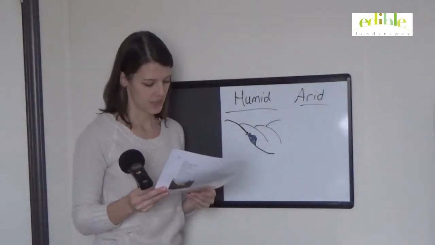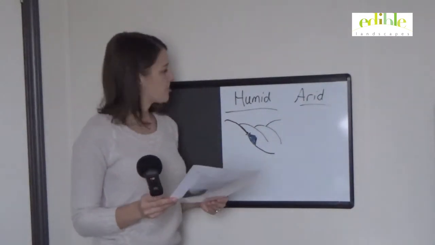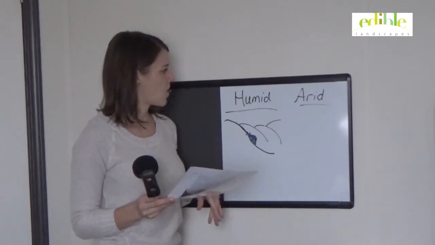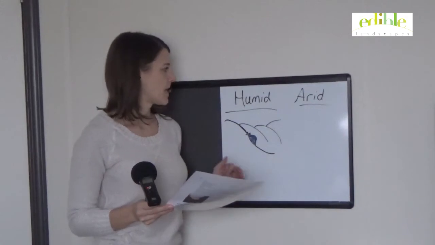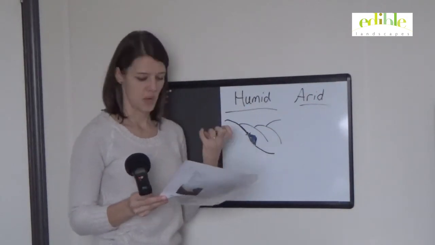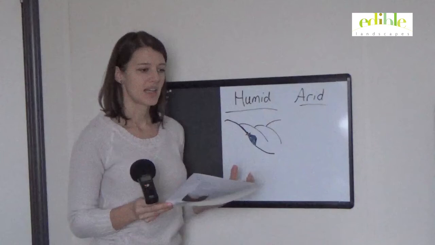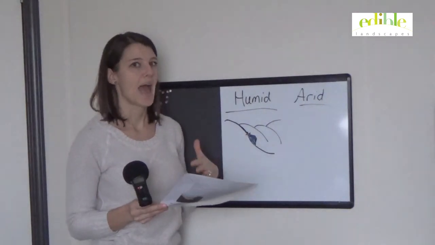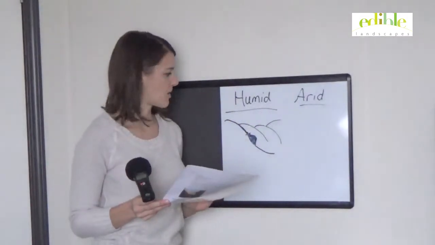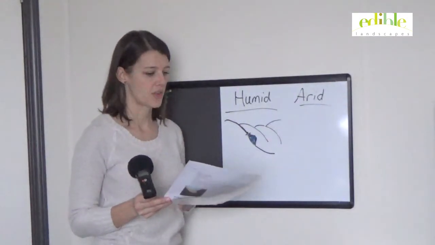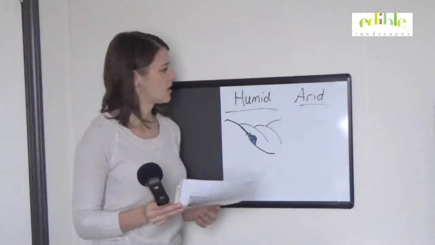That is our key point. Also, humid landscapes are very often acidic. And that's because when it's humid, it tends to be wet. And when there's a lot of wetness, things tend to go anaerobic, meaning without oxygen. And therefore, they turn acidic for the most part.